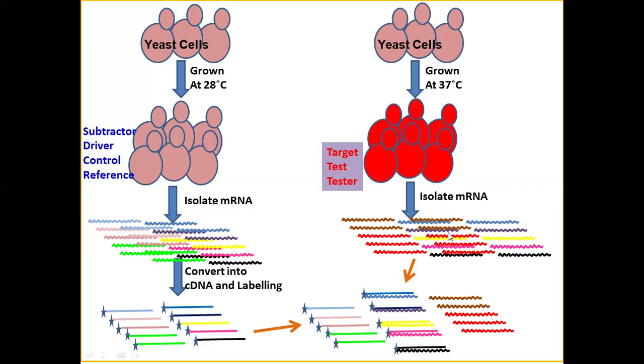So when you hybridize the cDNA with the mRNA from the test sample, in that hybridization there is a population where you see mRNA and cDNA hybrid, as well as single-stranded cDNA, as well as single-strand mRNA molecules. This is a mixture.